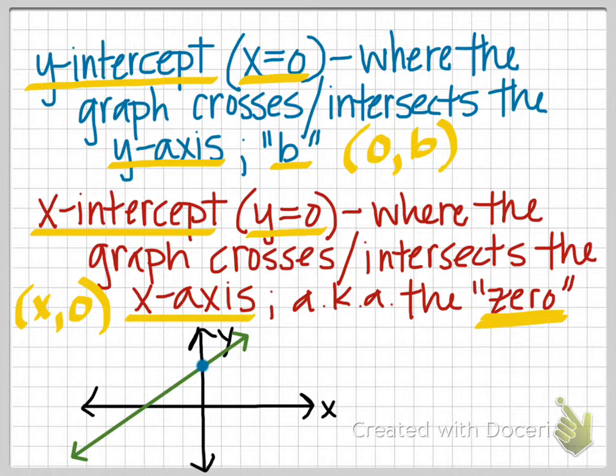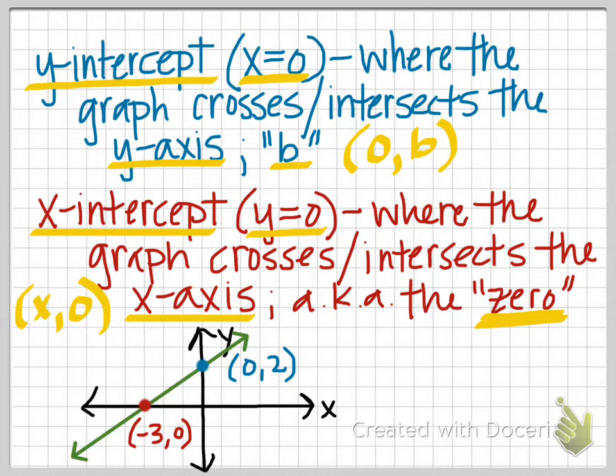And the graph crosses the x-axis right here at negative 3. That is the x-intercept. So for this particular graph, the y-intercept has the coordinates (0, 2), and the x-intercept has the coordinates (-3, 0). Notice on both of these where the zeros are.